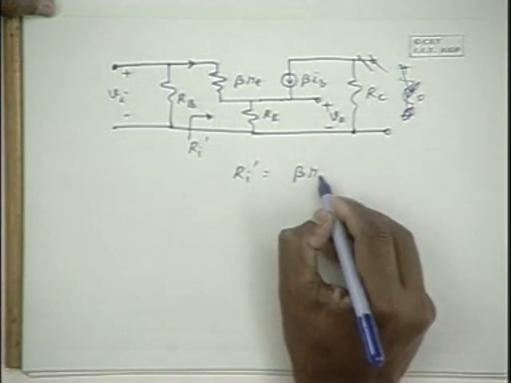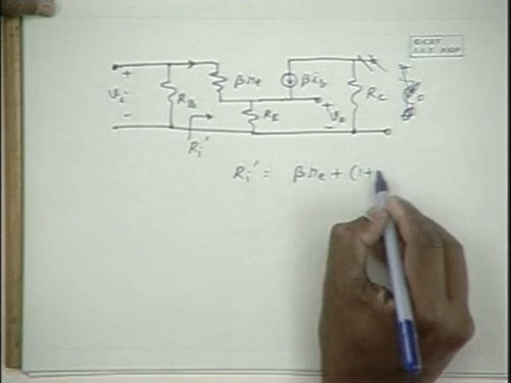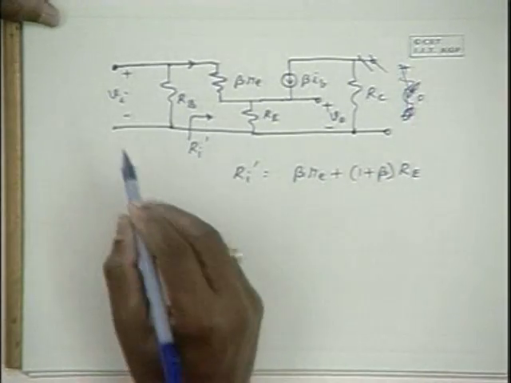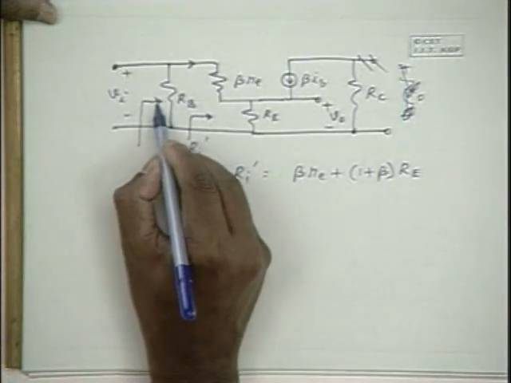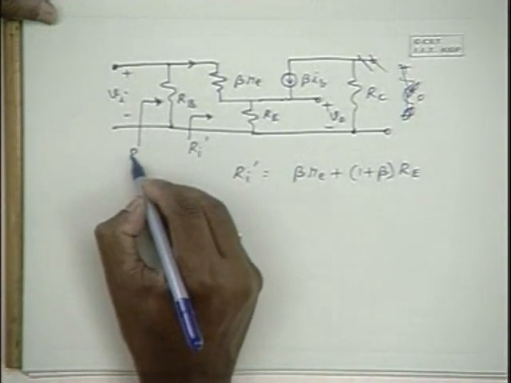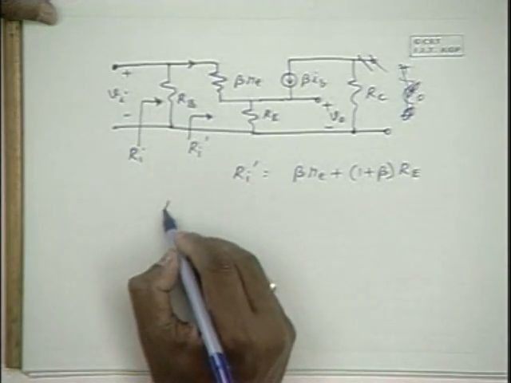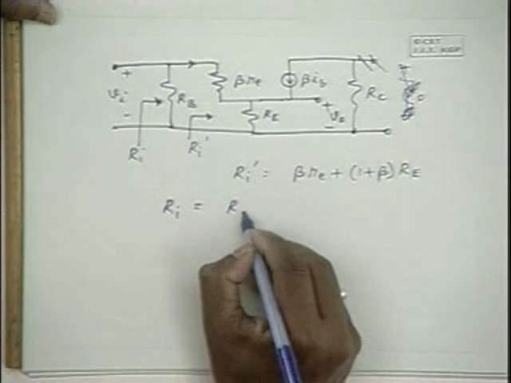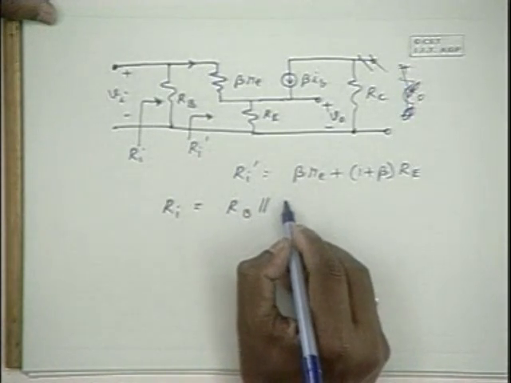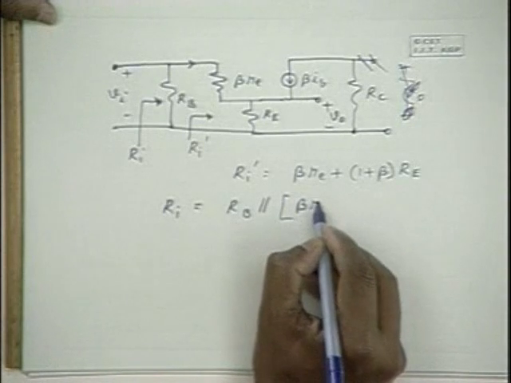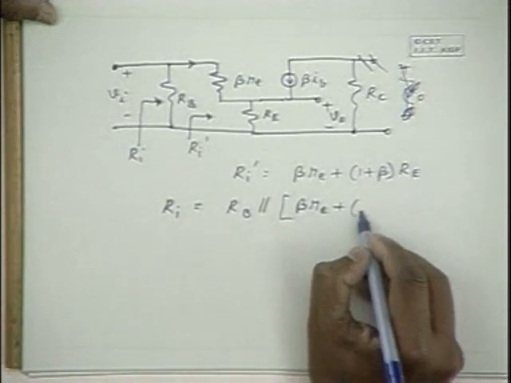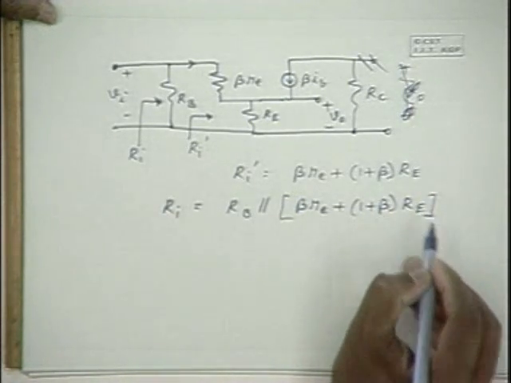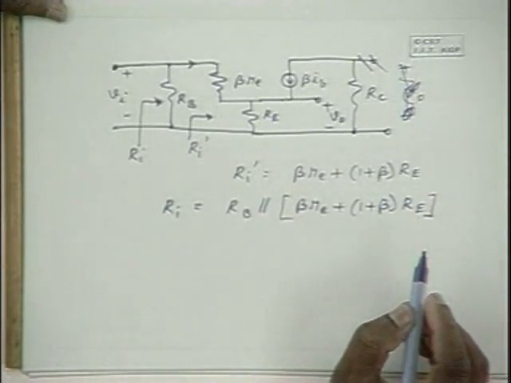Therefore, this is beta Re plus 1 plus beta times R capital E. And the input impedance between these two terminals, that is Ri, the input impedance of the transistor amplifier, is now RB in parallel with Ri dash, which is nothing but this expression. This is the input impedance.